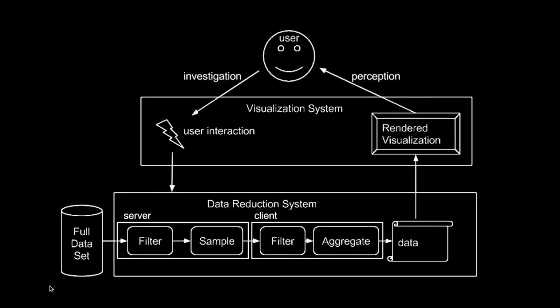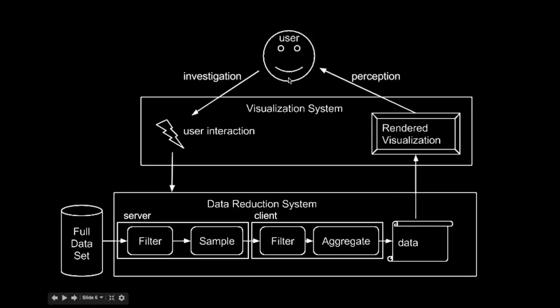This is the system we're working on, where the server side, using Spark, will do filtering and sampling, and then pass it to the client that will do more filtering and aggregation interactively, like the cross-filter example.